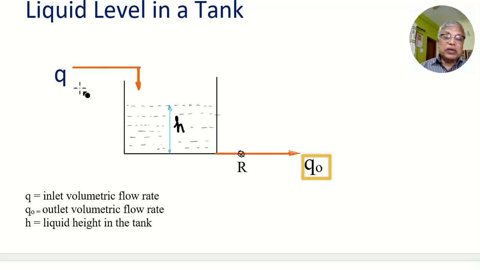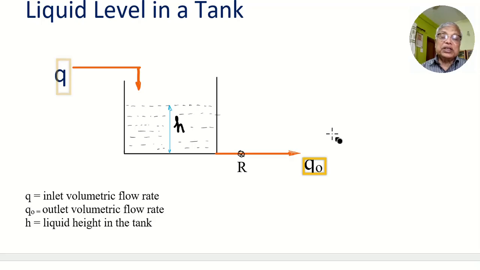So here the input variable from the dynamics point of view is the inlet flow rate Q. The response variable or output variable can be, number one, the height, and number two, the outlet flow rate. So there will be two transfer functions, number one relating Q and H, and number two relating Q and Q0.